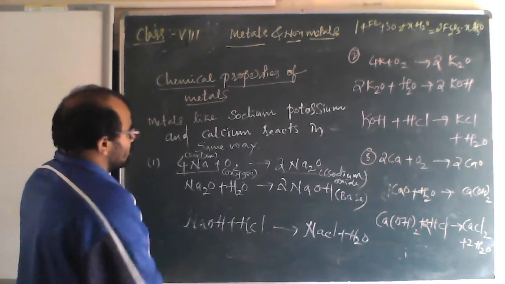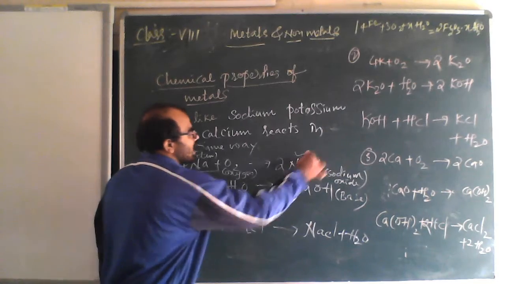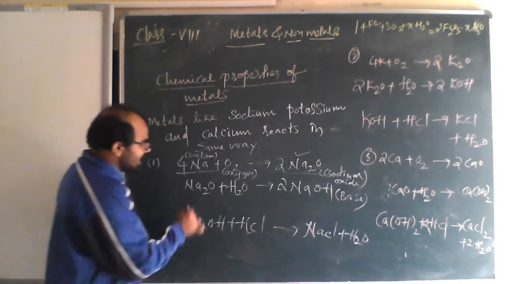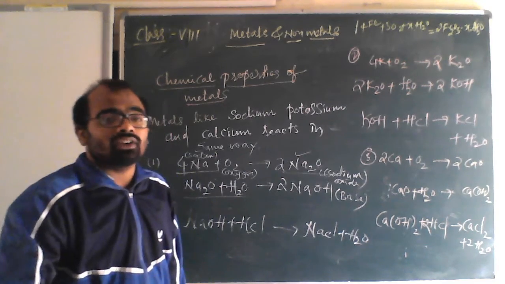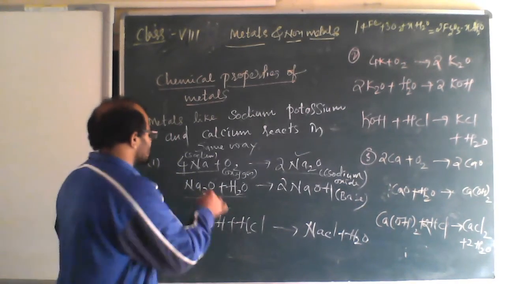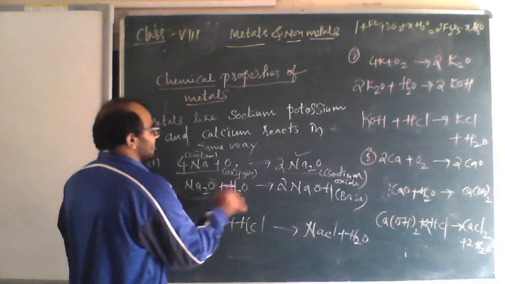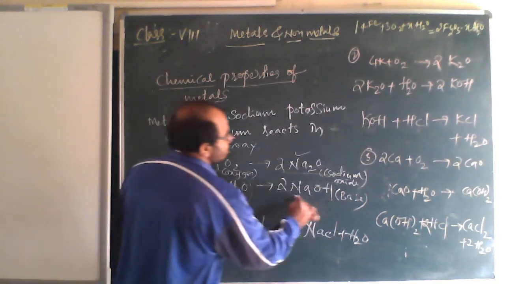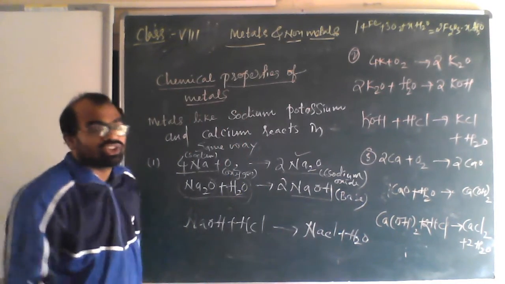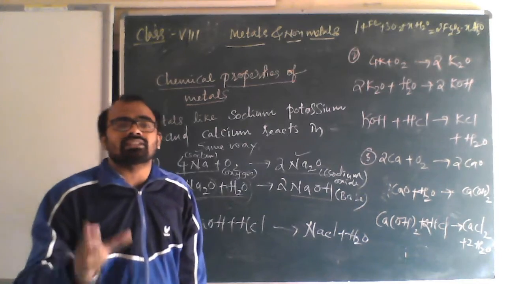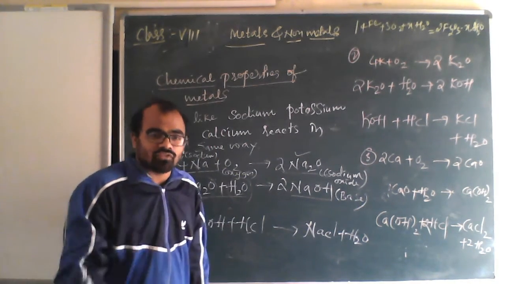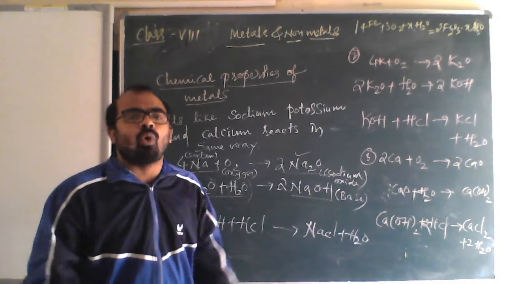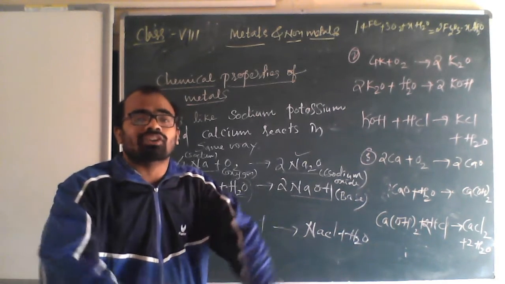Now the formed sodium oxide reacts with water to form a base. That means sodium oxide reacts with water to produce sodium hydroxide. When OH comes, it is called hydroxide. Remember this: H for hydrogen, O for oxygen, OH means hydroxide.